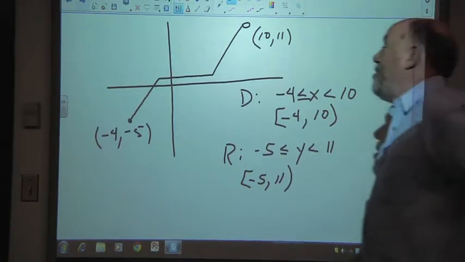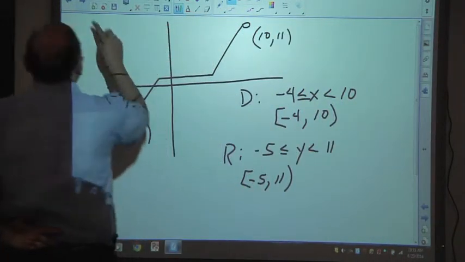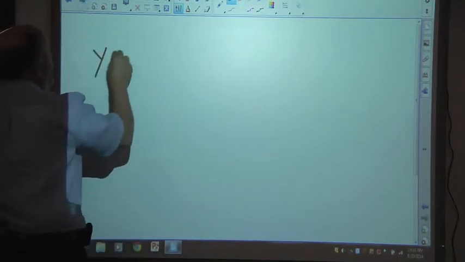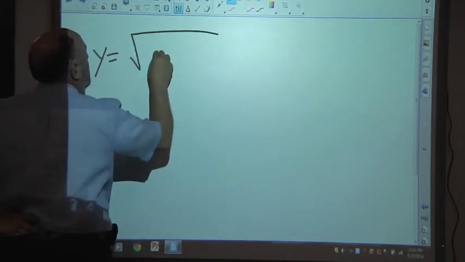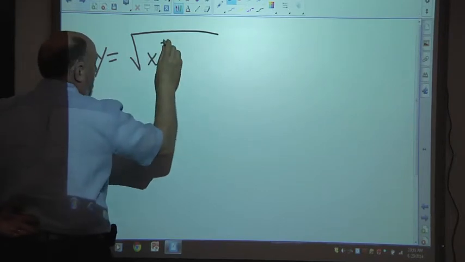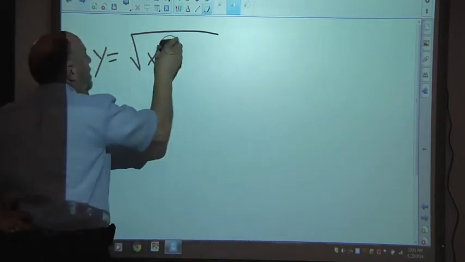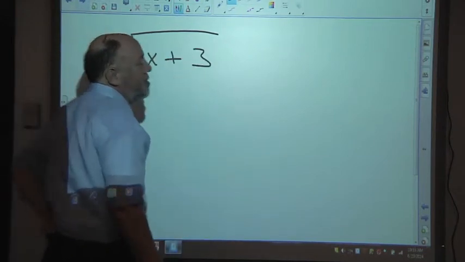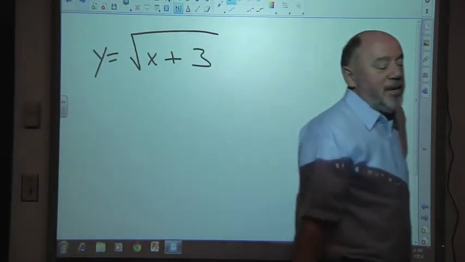So in terms of domain and range, given an equation, can you determine the domain and range? Given y equals the square root of x plus 3, what's the domain?